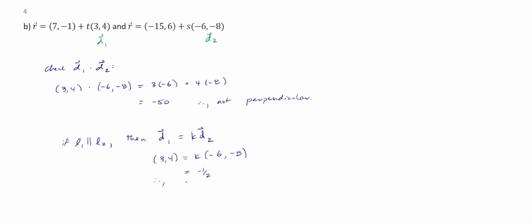Okay, so let's check. k times -6 gives me 3, and k times -8 gives me 4. So therefore, line 1 is parallel to line 2 because there is a scalar multiple of this direction vector that can produce this vector right there.